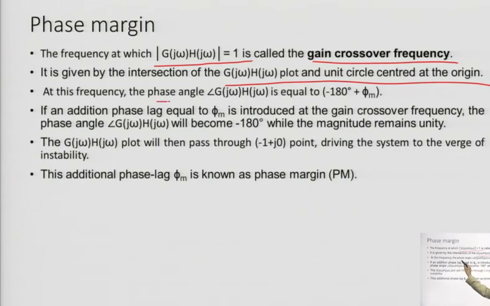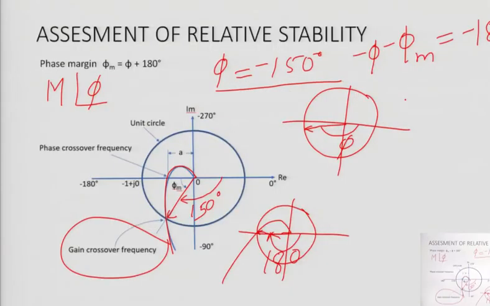So, at this frequency the phase angle is equal to minus 180 degrees plus phi m. This is the phase angle, and phase margin is always measured from the negative real axis. Its value is positive from the negative real axis.